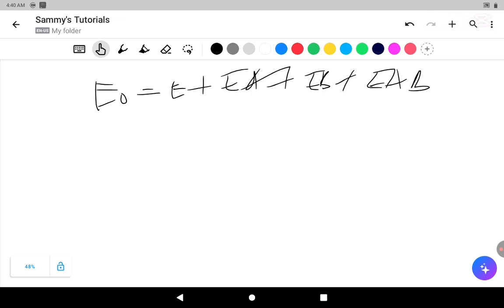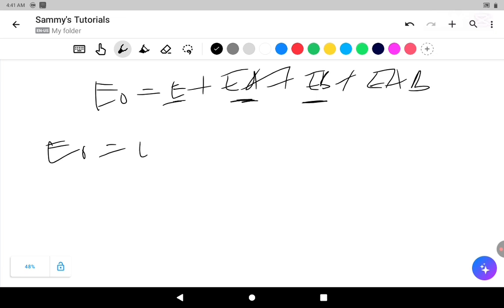Now we're going to substitute for each of these using the equations that we have, right? Equation C1 and C2 we're going to use to represent E. Equation D for this. If you look at equation D, you see that this is equals to something. Equation E, this is equals to something, right? And equation C1 and C2 is for this. So let's do that quickly. First of all, we have E naught equals to what?